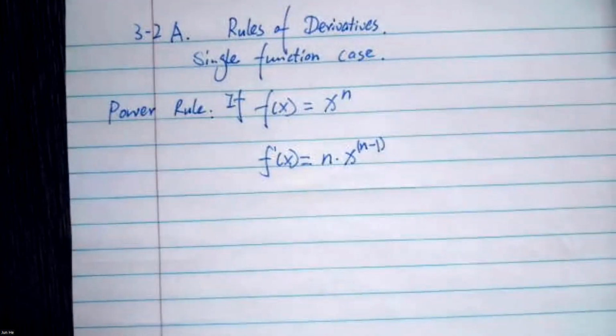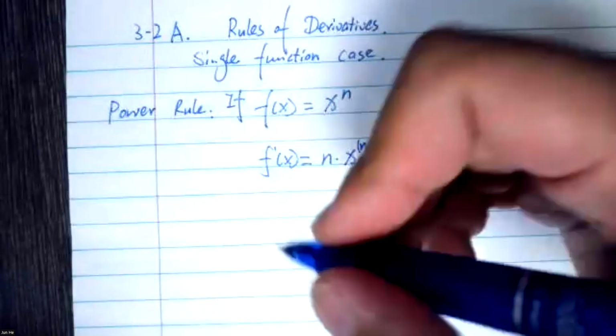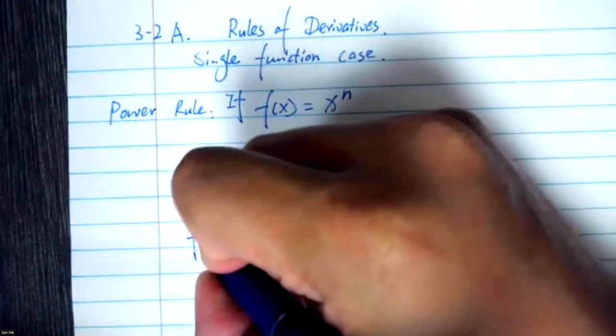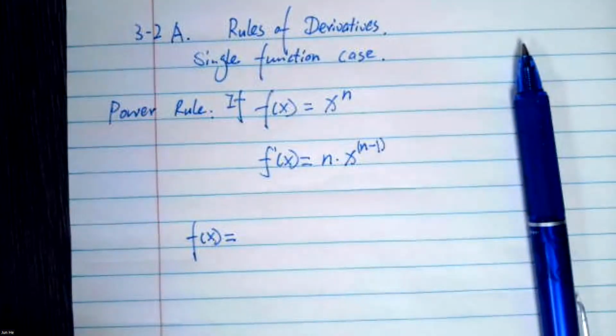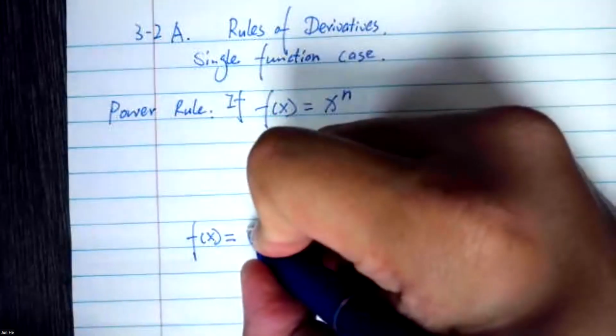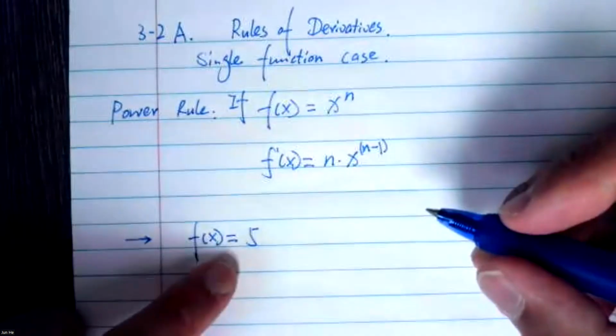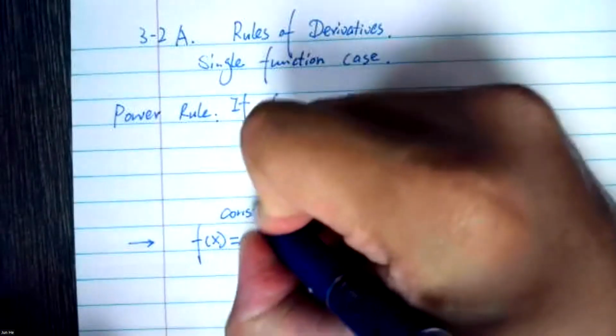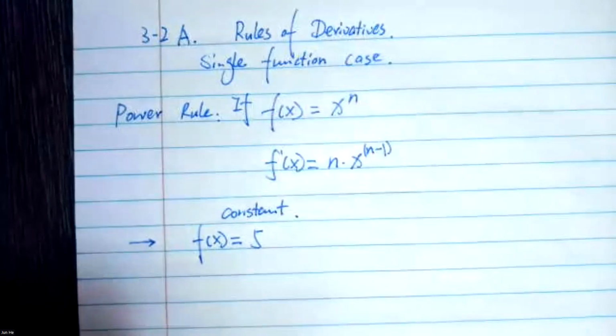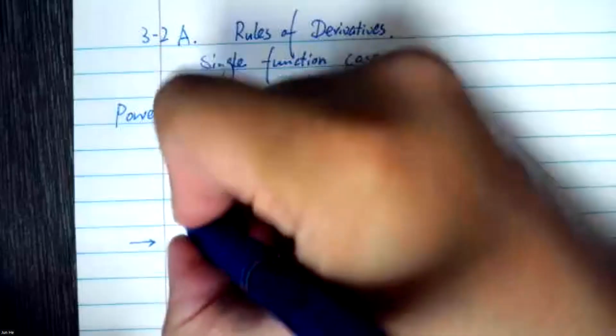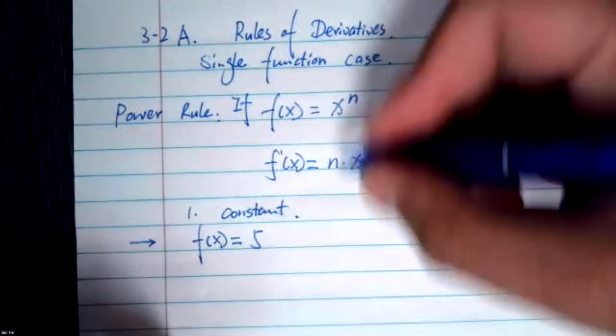Now let's look at one case. Say f(x) equals 5. Okay, that's the case where this 5 is a constant, right? So that's application.